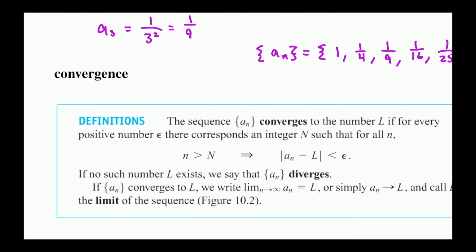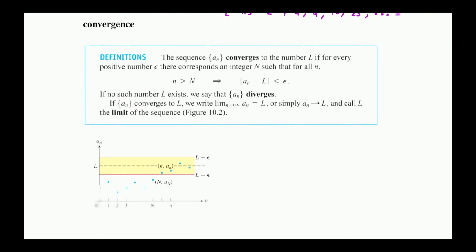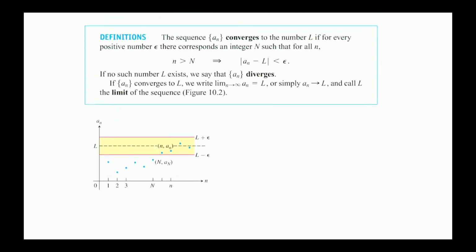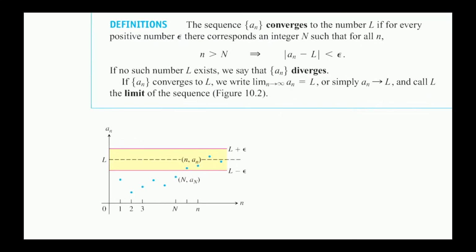Then what we got is a definition of the convergence of a sequence, which is the definition from a calculus textbook, not from your textbook. But I'm not even really going to go over it the way they have it here very much.